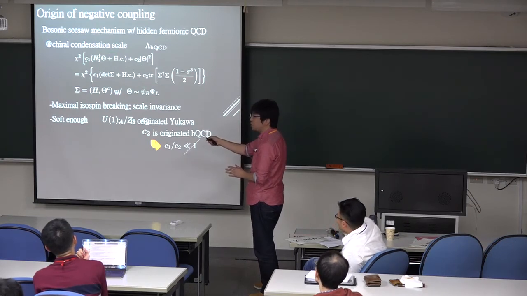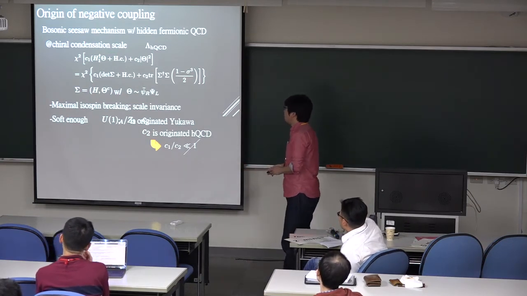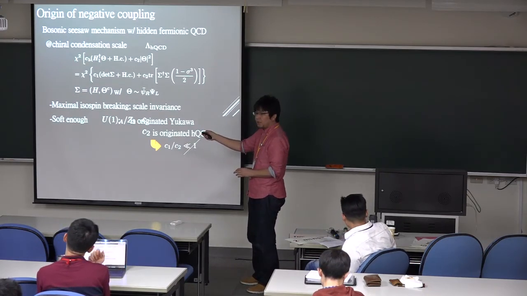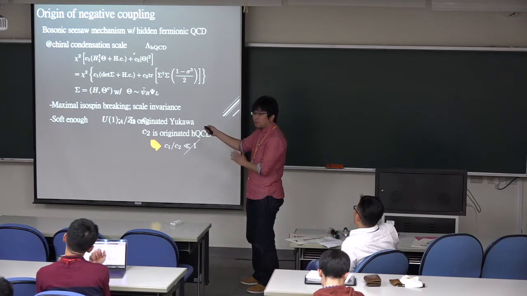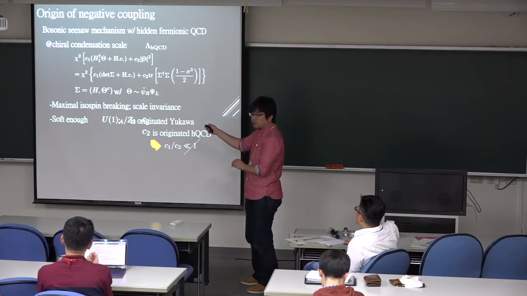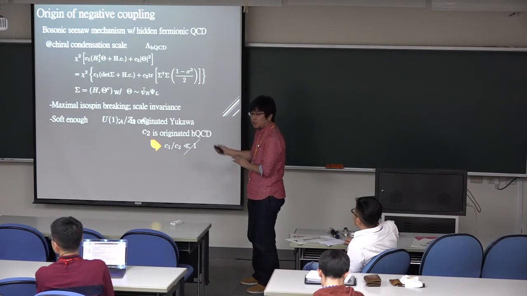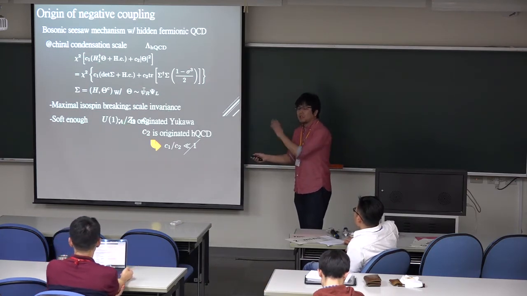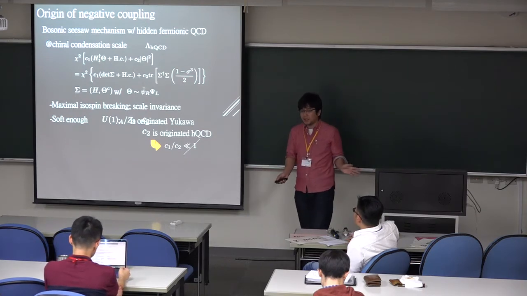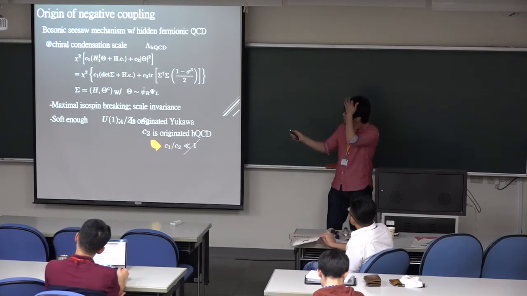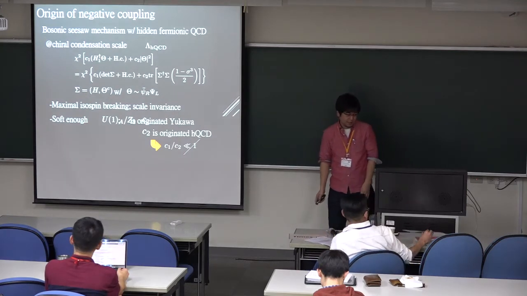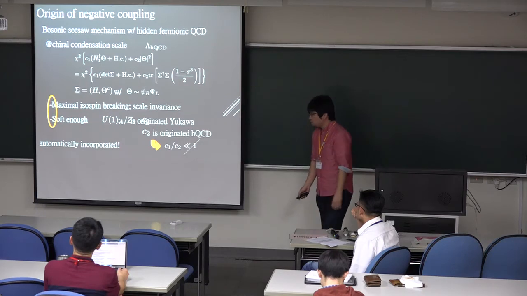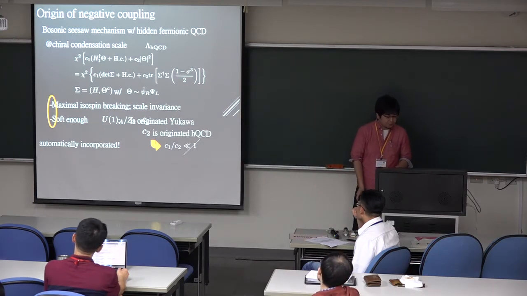C1 must be small enough compared to C2. This is coming from the Yukawa coupling, and this is coming from the non-perturbative effect. So C2 must be greater than C1. Both of the assumptions in the two-Higgs model can be naturally realized in this fermionic QCD case. Both of them are automatically incorporated in our model.